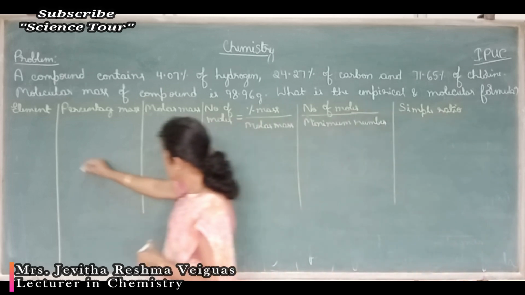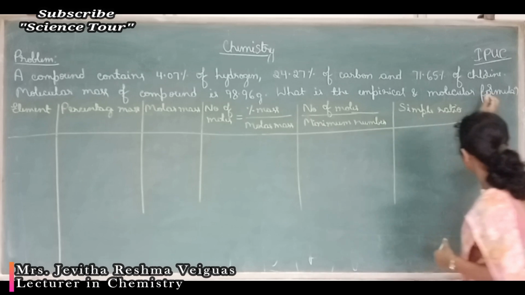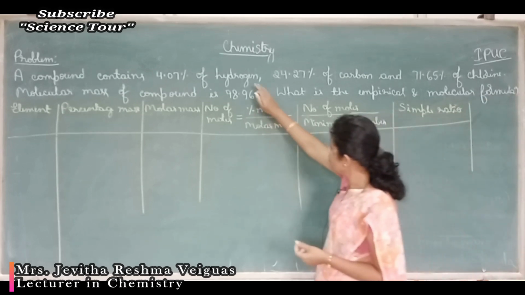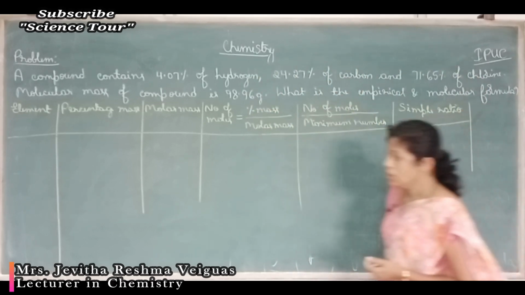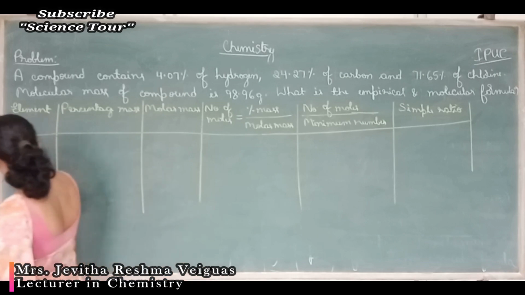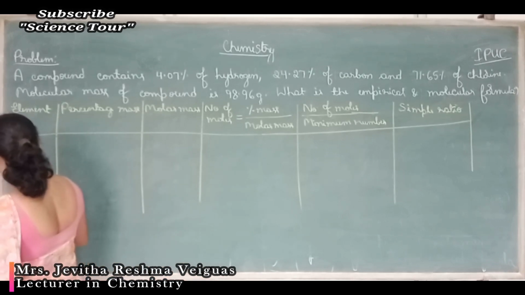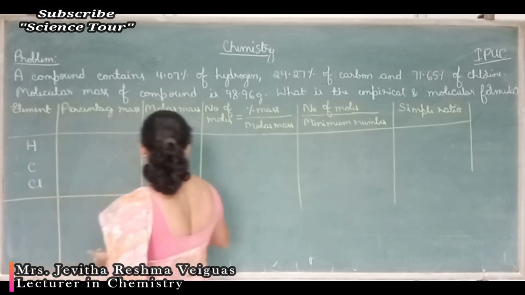So first, let us write whatever data is given in the problem. First, let's see which elements are mentioned: hydrogen, carbon and chlorine. The symbol of hydrogen is H, the symbol of carbon is C, and chlorine is Cl. These are the elements given.